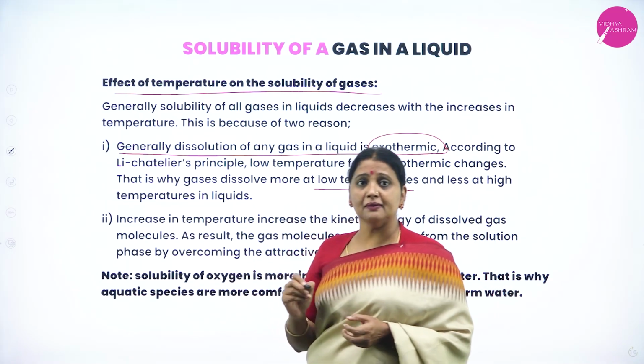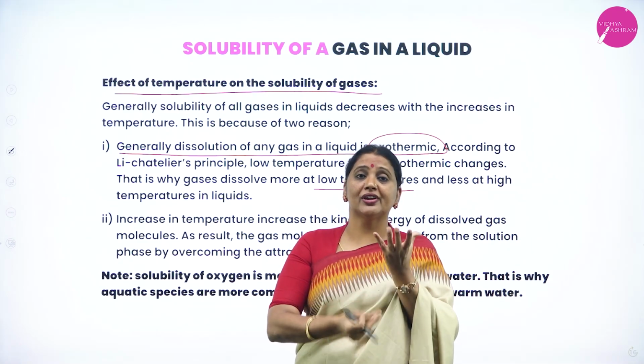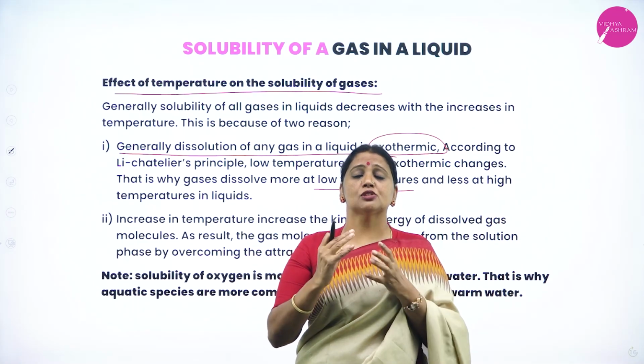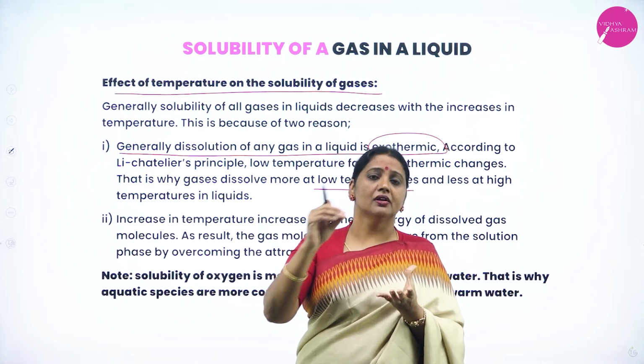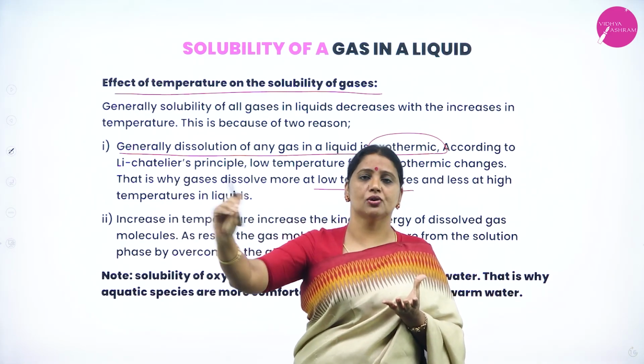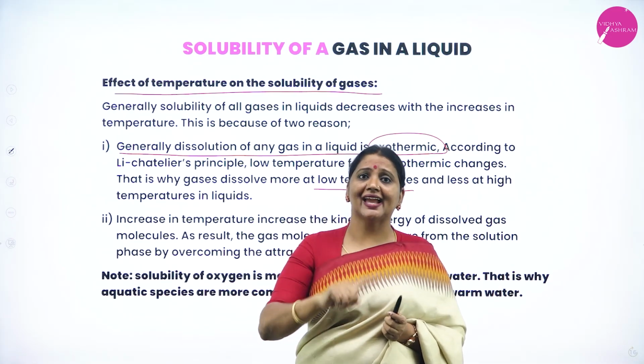And second point: for example, one liquid has gas molecules in it. When you heat that liquid, what happens? The gas molecules acquire extra kinetic energy, leave the system and jump into the surrounding. Therefore, don't heat a mixture containing gas and liquid.